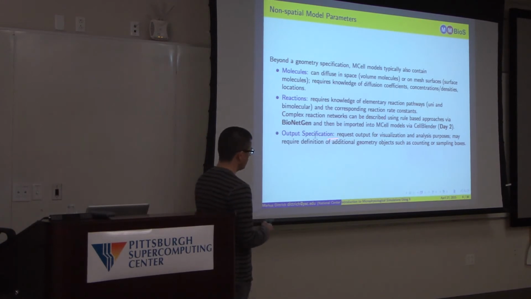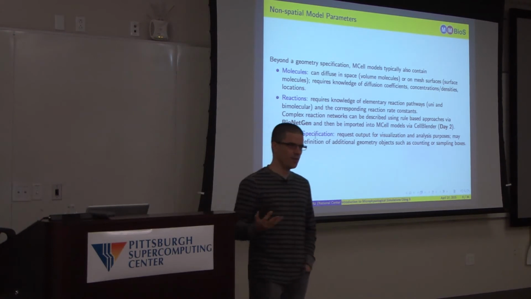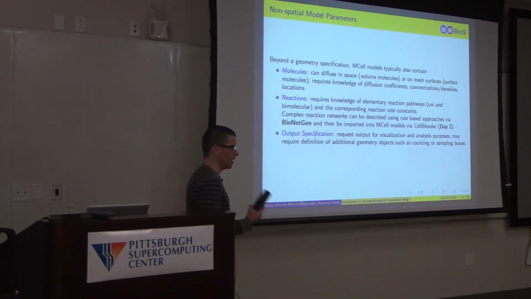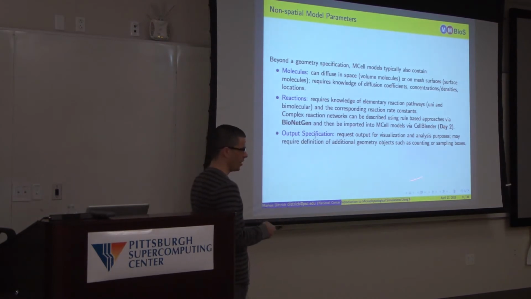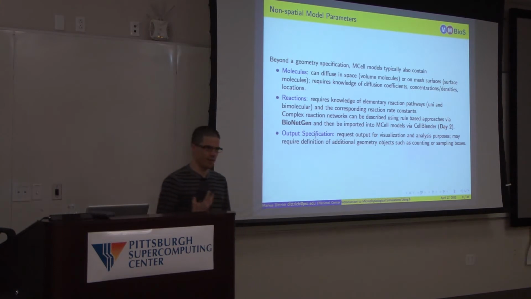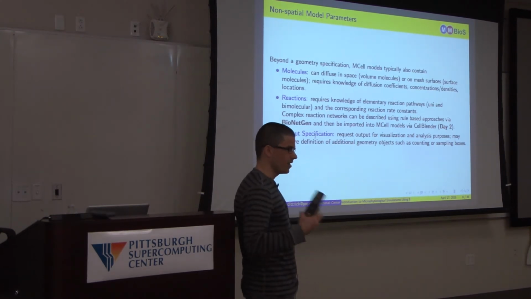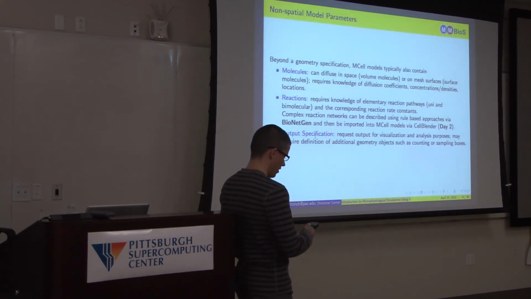And this is where BioNetGen really can help you a lot. This is a different way of specifying reactions by defining rules that describe what can happen in the system. Jim will talk a lot about this tomorrow, so I won't belabor this right now. But if you have a system that is very complex and it would be very difficult to write down all the equations by hand, then BioNetGen is most likely the tool you want to use to deal with that complexity.